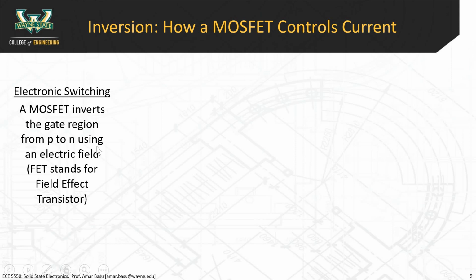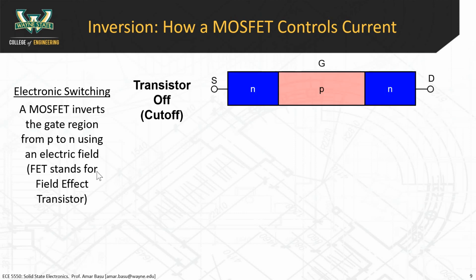All right. The way that the MOSFET does this is through a field effect. By applying a field to the gate region, you can actually switch a material from P-type to N-type and turn the transistor on. So let me explain what I mean by that. Let's say we have N-type material, P-type material, and an N-type material, like this.